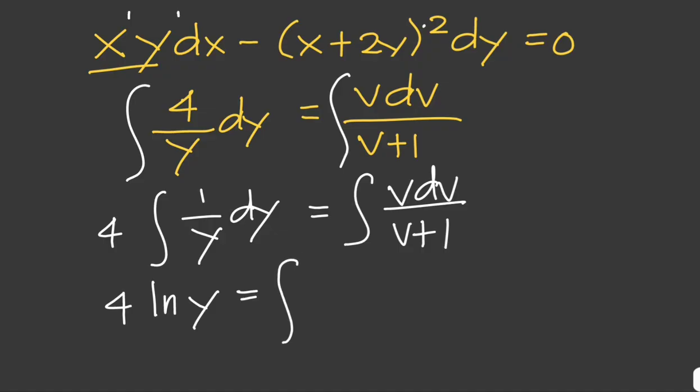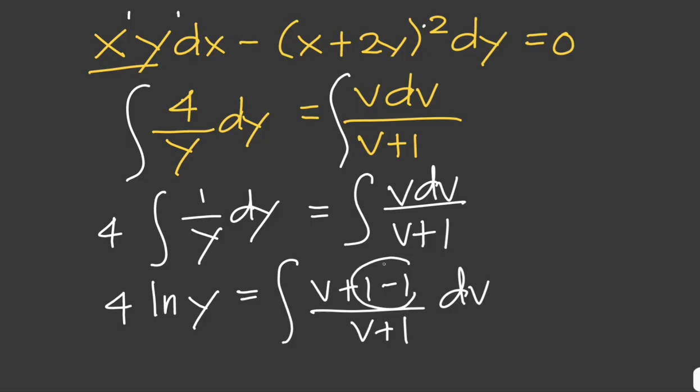Actually, we can rewrite v over v plus 1 as v plus 1 minus 1 over v plus 1 dv, since this one is just 1 minus 1 is 0, so that would be equivalent to v.